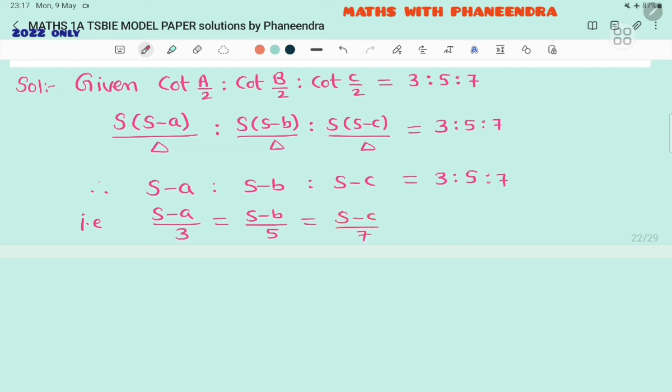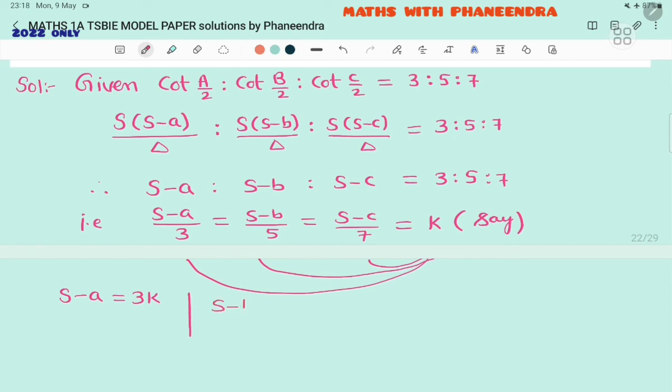This is equal to some constant K, we are assuming that. So equating these, S minus A is equal to 3K, S minus B is equal to 5K, S minus C is equal to 7K.